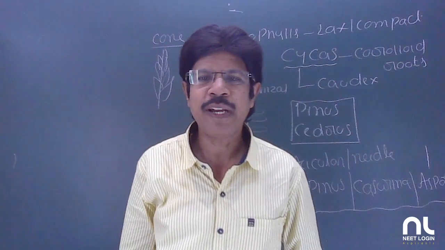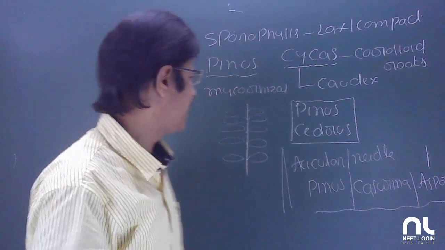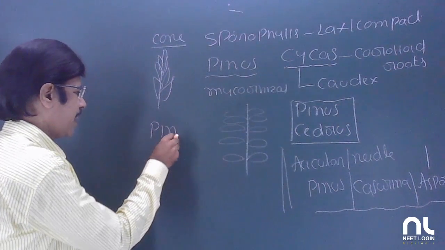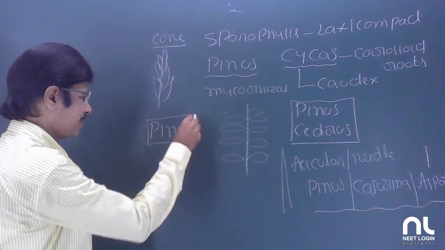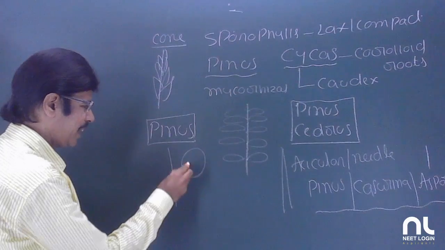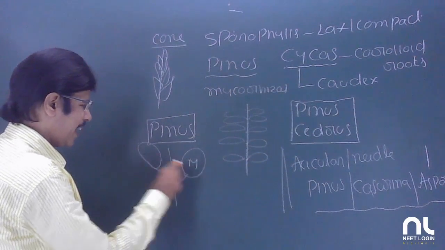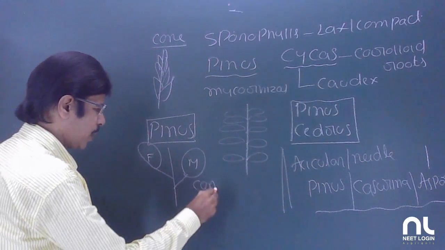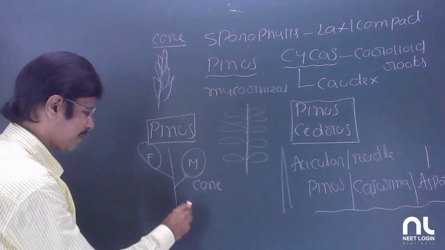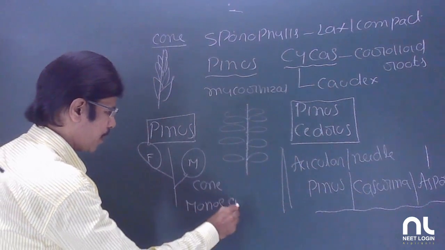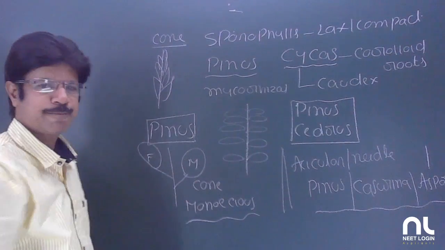Both male strobilus and female strobilus are on the same plant in Pinus. A single plant bears male as well as female cones on the same plant. It is monoecious.